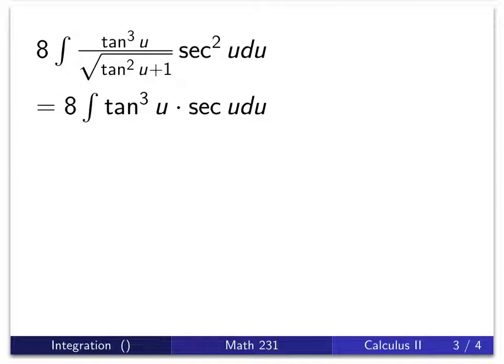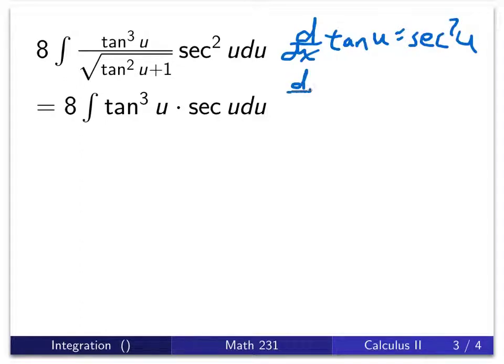And now I need to remember my two derivative formulas. The derivative of the tangent is the secant squared, and the derivative, with respect to u, I apologize for that, of the secant of u is secant of u tangent of u.